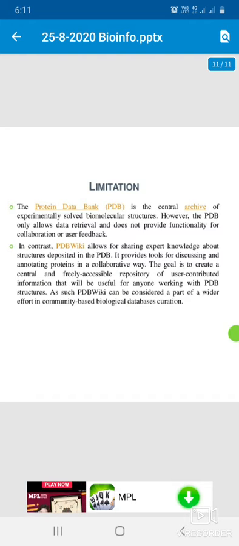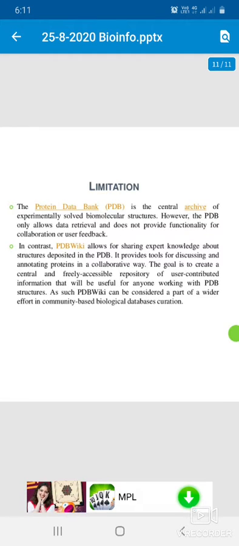The PDB wiki allows for sharing expert knowledge about structures deposited in the PDB. It provides tools for discussing and annotating proteins in a collaborative way. The goal is to create a central and freely accessible repository of user-contributed information that will be useful for anyone working with PDB structures.